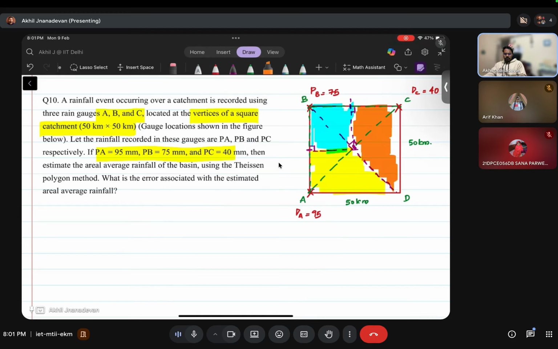This is how we draw the Thiessen polygons and find the areas of influence for each of the precipitation.